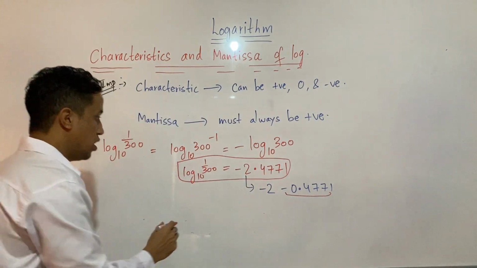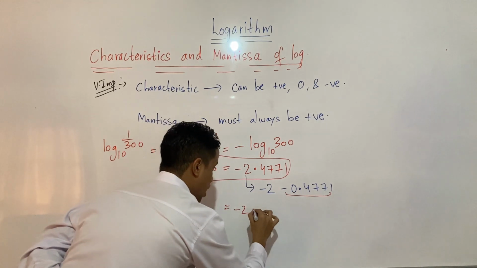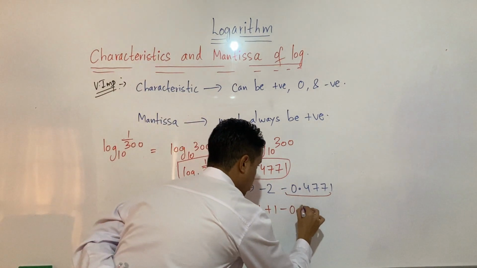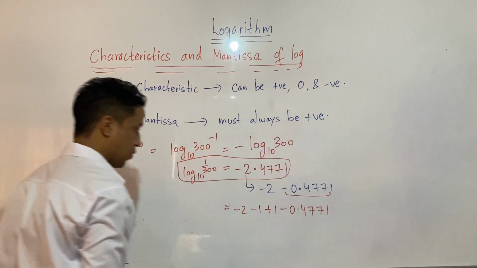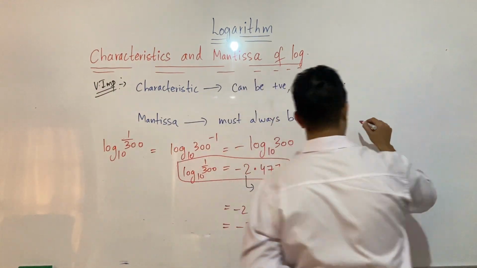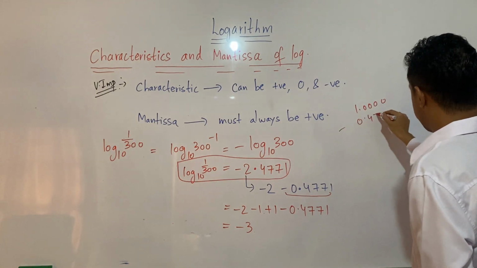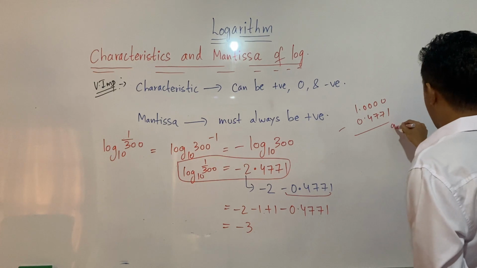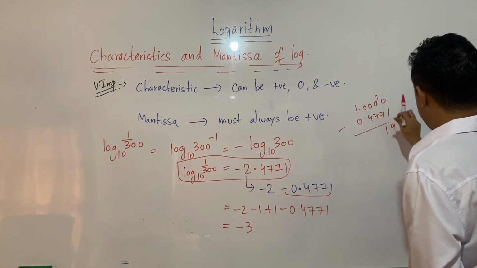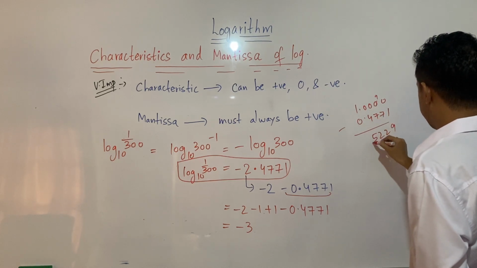So what I need to do is make this positive. To make it positive, I write minus 1 plus 1, and here minus 0.4771. If I simplify further, we have to subtract 0.4771 from 1, borrowing: 9, 2, 2, and 5.